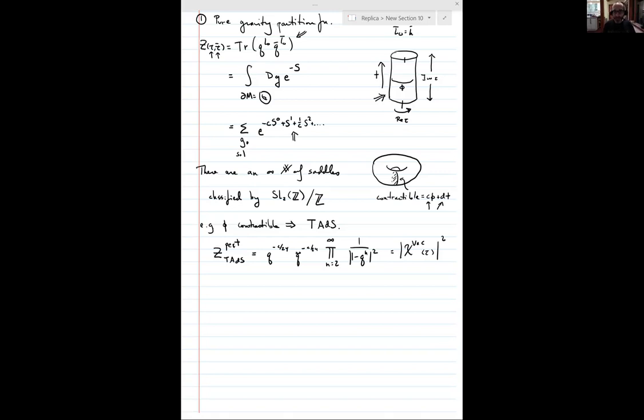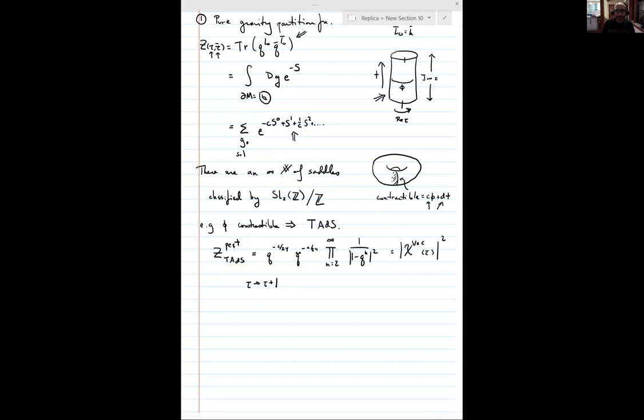This brings us back to the question of where did the mod Z come from? Well, in this picture, what is the Z? The Z is the generator that takes tau to tau plus 1. And you can see that this perturbative partition function is invariant under tau to tau plus 1. And where does that come from?